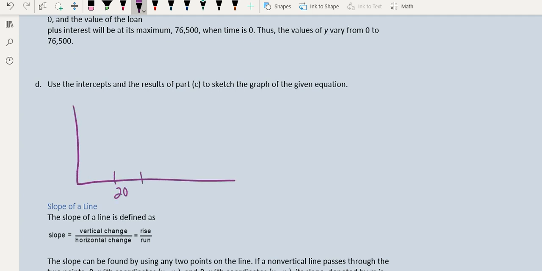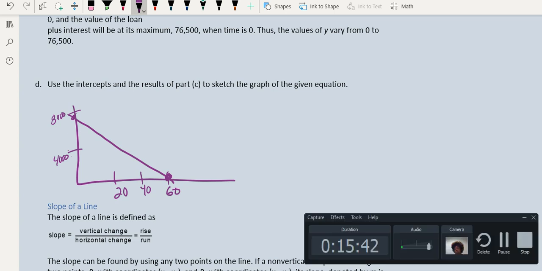We could say 20, 40, 60, and then this goes to 76,000. So let's say 40,000, and then 80,000. Just trying to keep it simple. So boom, 76,500, boom, and that would be my line. All right. So this is part 1 video for 1.3.